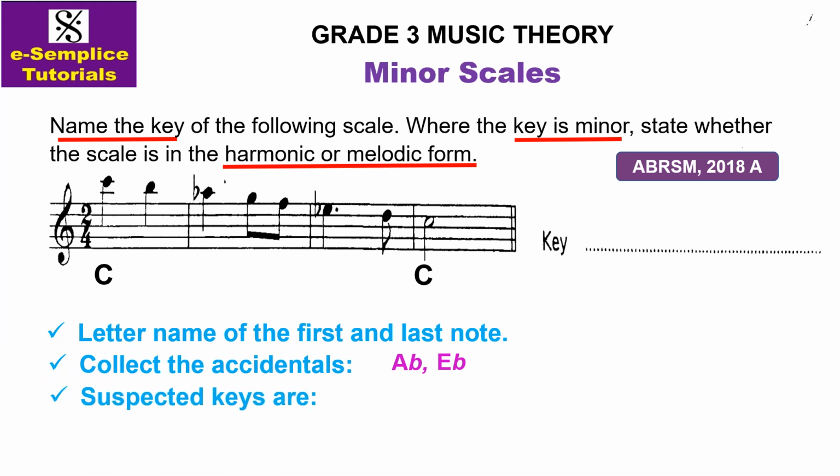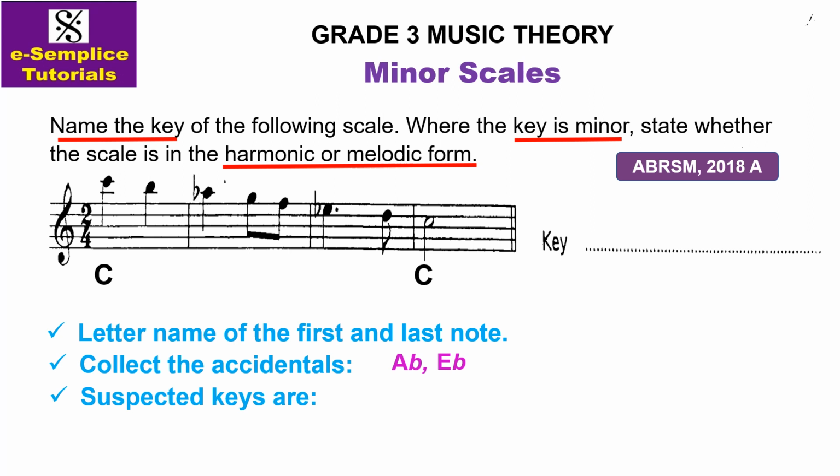Definitely, we cannot have E flat and A flat without having B flat, because B flat is the very first accidental in the order of flats. So that means something has happened to B, and we need to find out what that is.